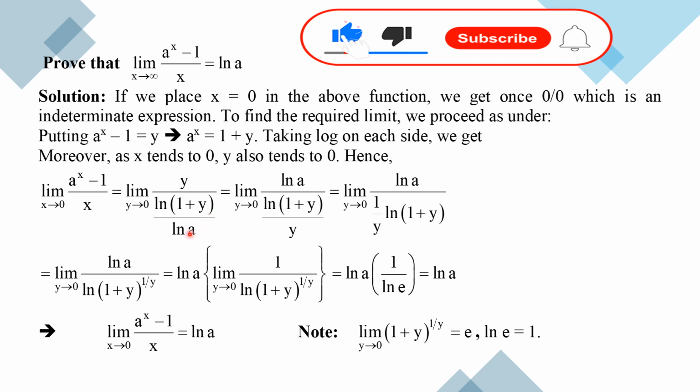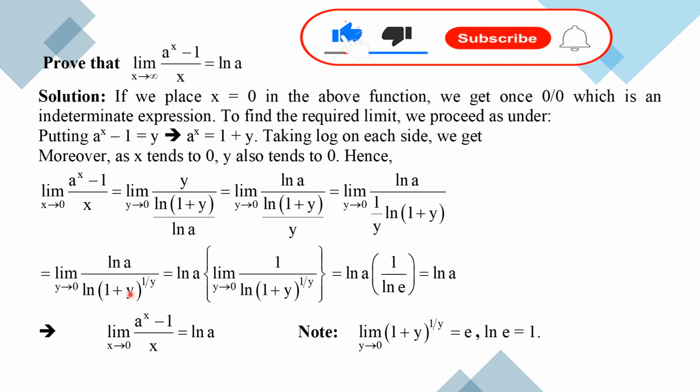So ln a, we can write it in the numerator, ln a, 1 plus y over ln 1 plus y. We can write it, this is the same form. What about this limit, y tends to 0, y over ln 1 plus y?